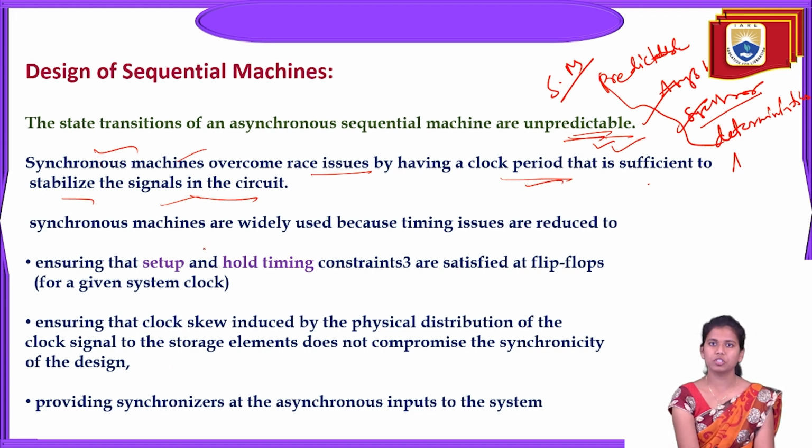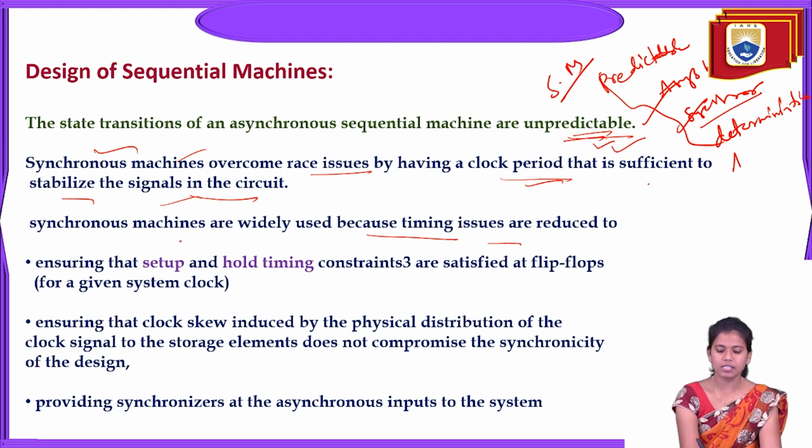Synchronous machines are also widely used because timing issues are reduced. Compared to asynchronous sequential machines, synchronous machines are widely used because we can easily reduce timing issues based on the clock signal.